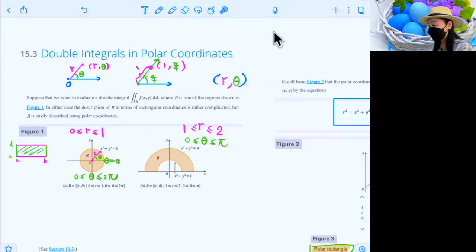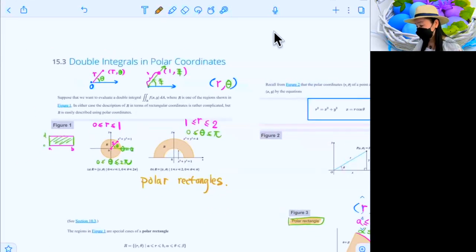For these two regions, r here is bounded by two constants, and then theta, the second coordinate, is also bounded by two constants. So this kind of region, we call them polar rectangles. Okay? So keep that in mind. The first and the second coordinate are bounded by constants.